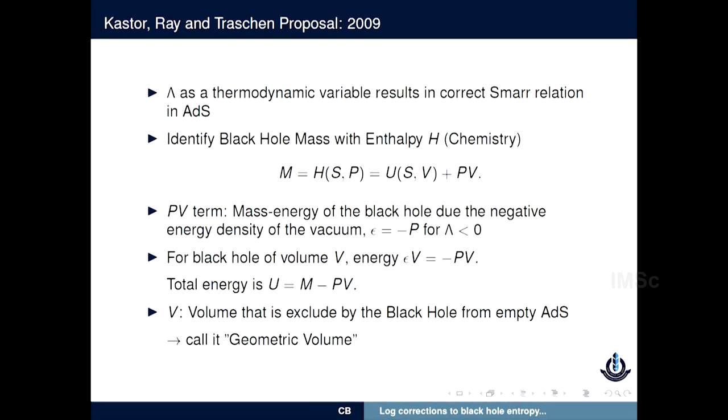This is what people do in chemistry, and that's why this line of work has been going on under the name black hole chemistry. You can think of the PV term as the mass energy of the black hole due to the negative energy density of the vacuum. You have cut out a volume from empty AdS to put a black hole in it, so that energy is minus PV. That's what gives you the internal energy.